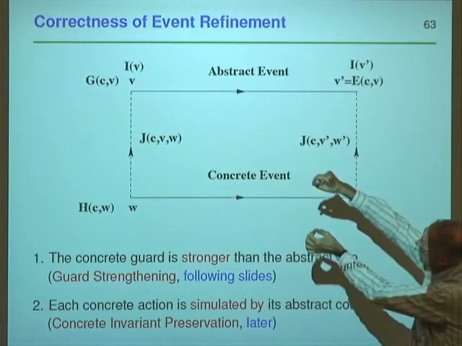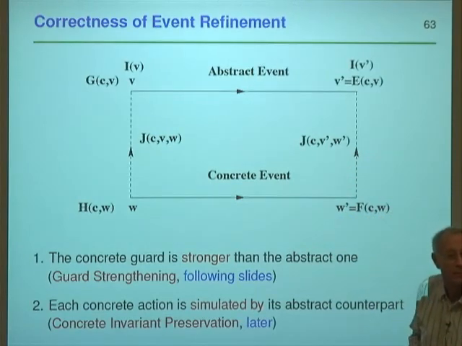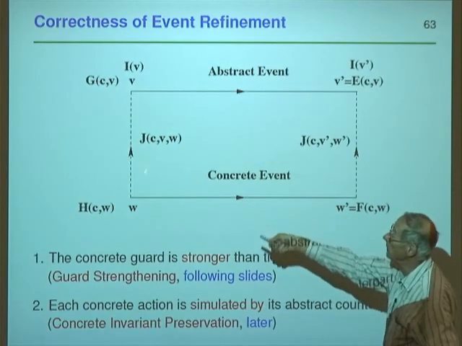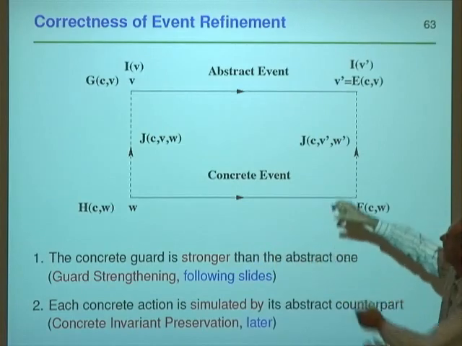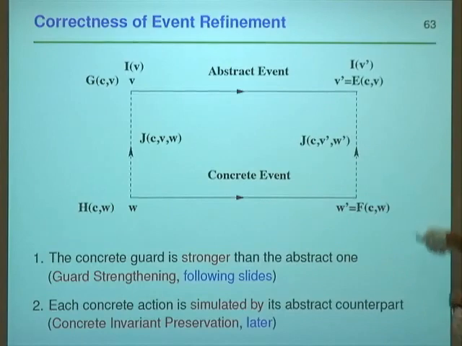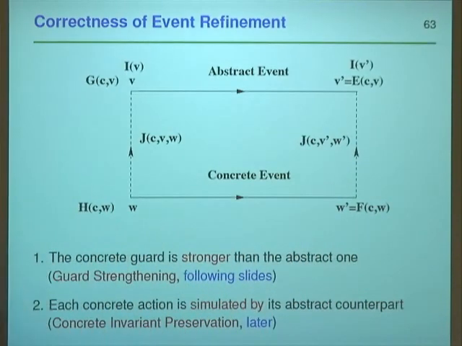We suppose that the abstract and the concrete event are working together, that the N and the A, B, C are in the same box. And what we have to prove is that the gluing invariant N equals A plus B plus C is maintained by these two going together here. Yeah, okay, now you see? Fine, thank you. I'm happy that you see.